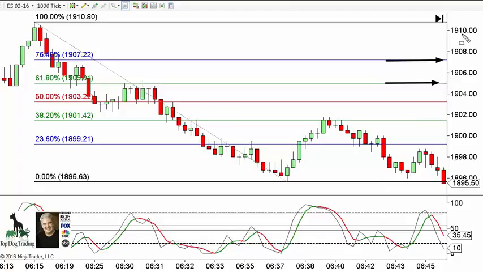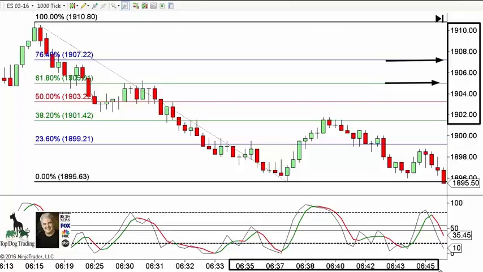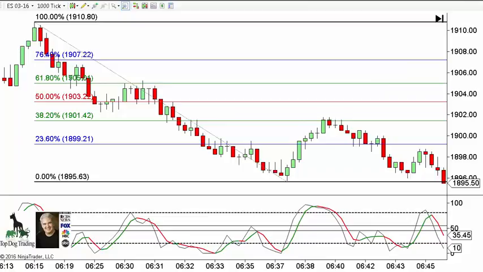So yes, we have price over here on the y-axis, but then on the x-axis, we have time. And that's it. That's what you've got to work with on a chart, time and price. So we are looking for the confluence of time and price in order to find where and when the market is going to put in a high and then continue back in the direction of the trend.